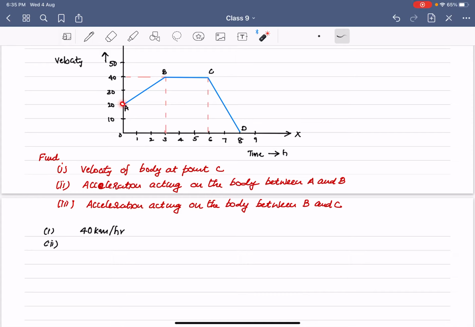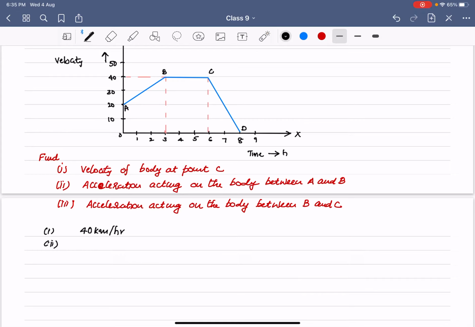At point A, the velocity is equal to 20 and the time value is equal to 0. At point B, the velocity value is equal to 40, the time value is equal to 3 hours. Okay, so this much data is known to us.